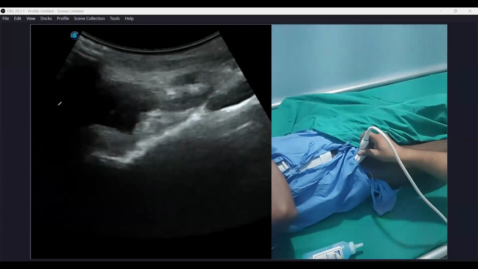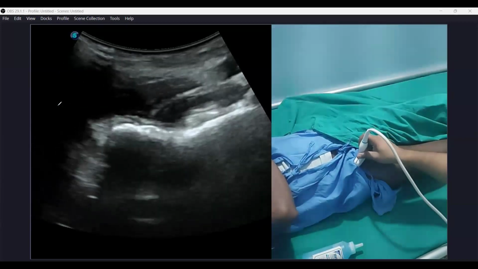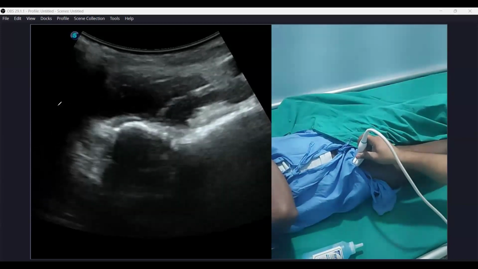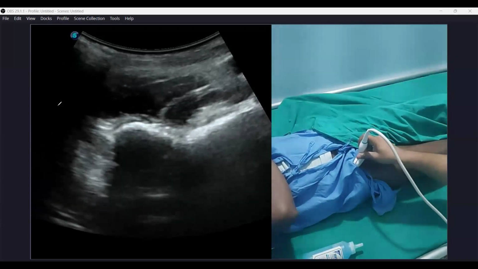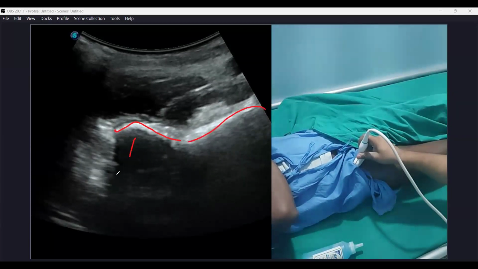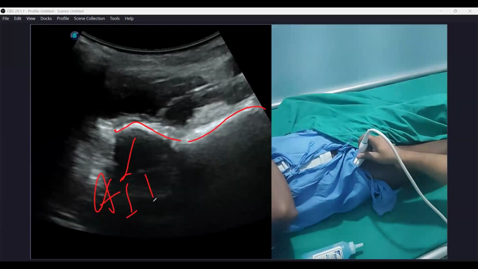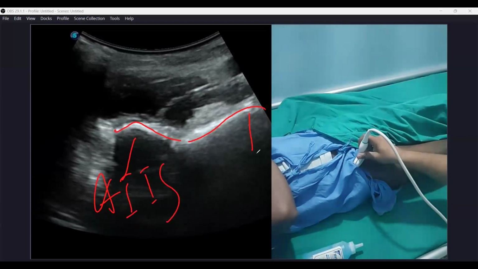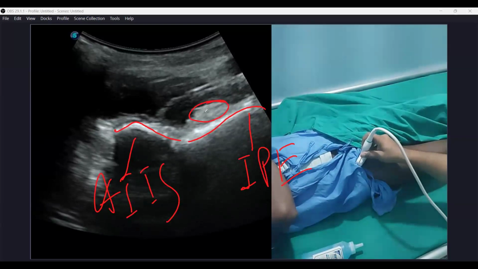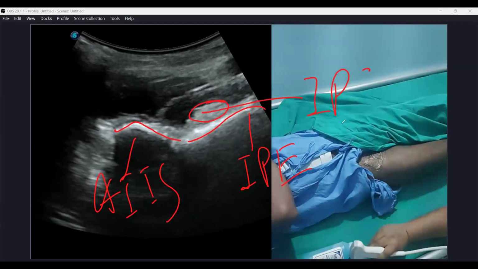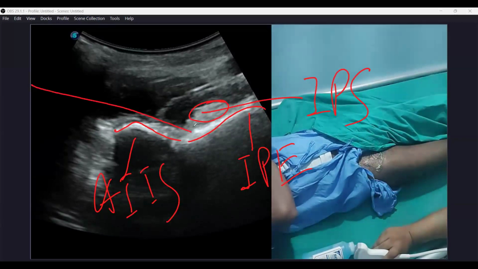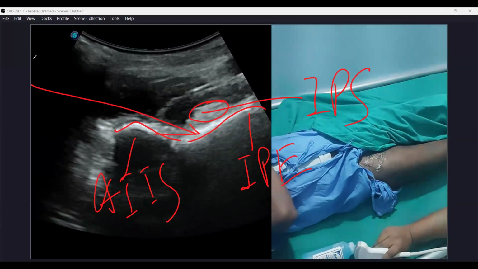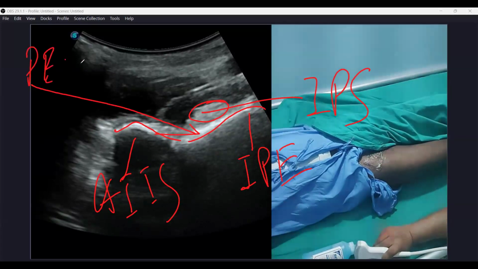Here at this portion, on one side you can see the anterior inferior iliac spine, on the other side the iliopubic eminence, and the hyperechoic portion you can see is the iliopsoas tendon. So from lateral to medial side, you have to put the needle like this. Clear?